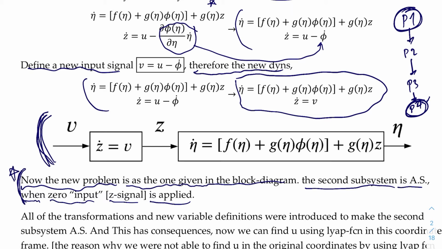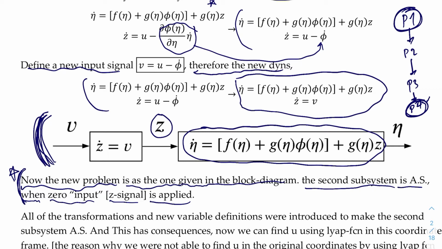The only reason that we transform that system into this form is that if you can guarantee that when you apply zero input to that system, the dynamics are asymptotically stable, your problem can be solved in a really systematic fashion.